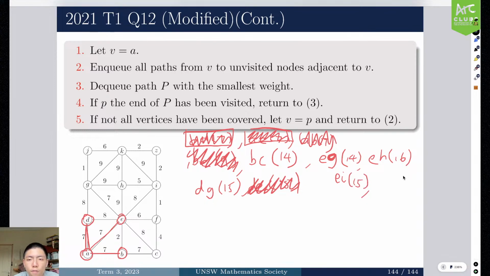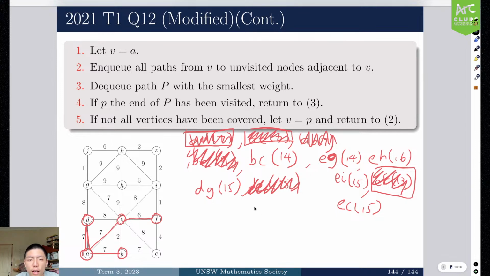And A to E to F would have a total of 13. And then A to E to C would have a total of 15. Now we look at the smallest number in all of the ones that I currently have, and the smallest path is from A to F through E. So AEF means that I take this one, and that gives me the 13 length.